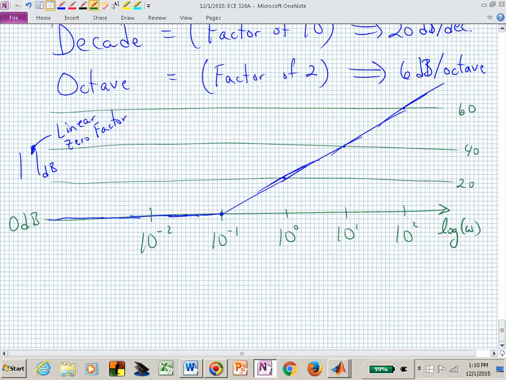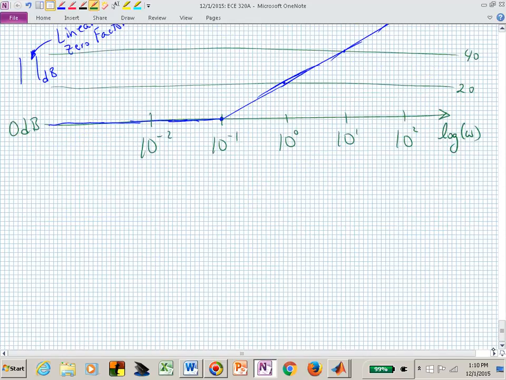And we can now go 7 cycles on a paper width instead of who knows how wide that would be if you went from 0.01 or 0.001 up to 2,000 or 30,000. This now allows us to compact that, and it allows us to sketch these plots as linear straight lines in the approximation.